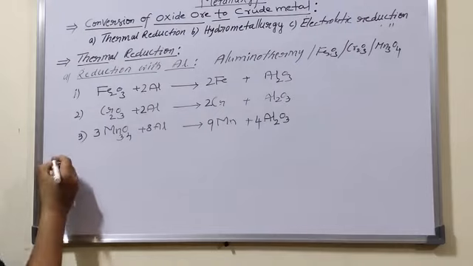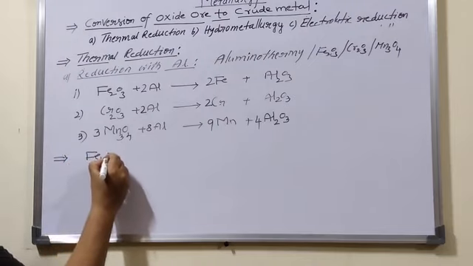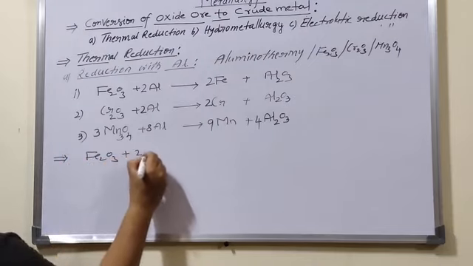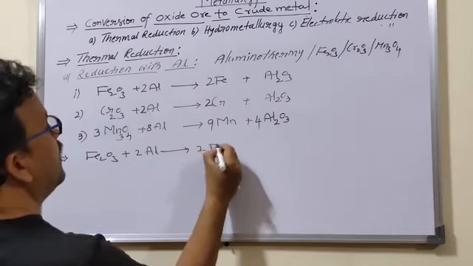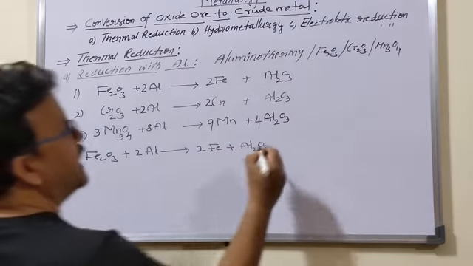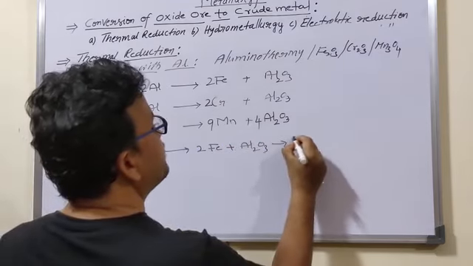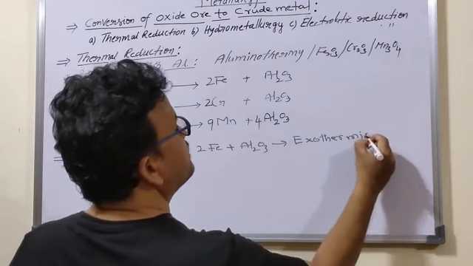And here we have iron oxide, which is reduced in the presence of aluminum to iron and aluminum oxide. It is a highly exothermic reaction.